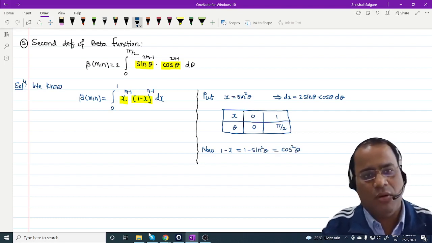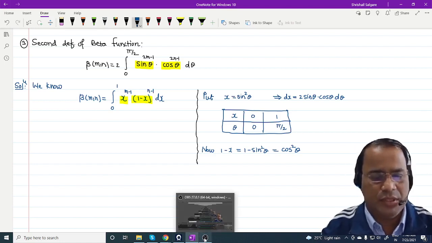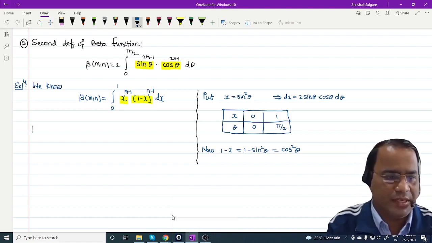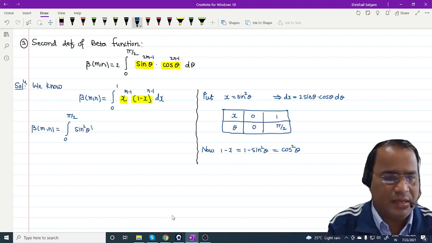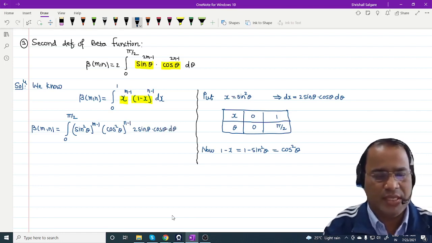Now all these values I will substitute in the given integral. Therefore, beta of m, n is given by, with new limits 0 to pi by 2, x is sine square theta raised to m minus 1, 1 minus x is cos square theta raised to n minus 1, and dx is 2 sine theta cos theta d theta.